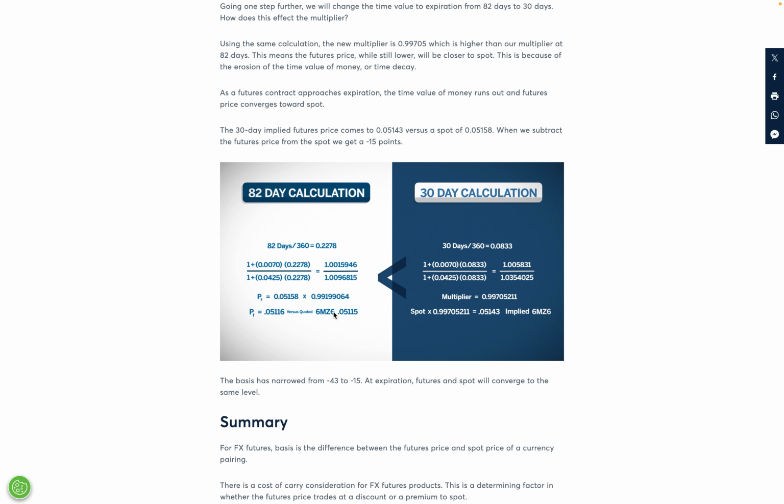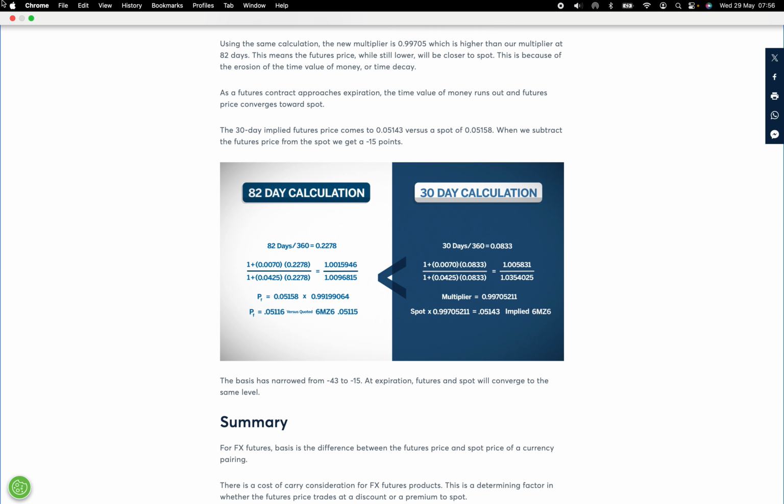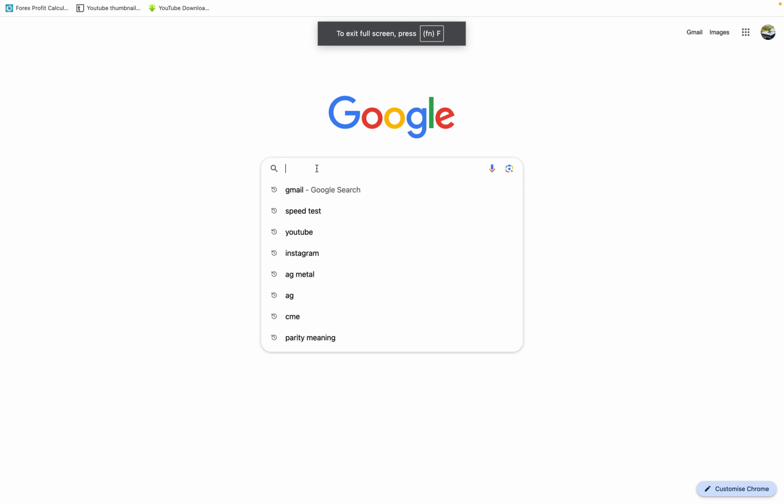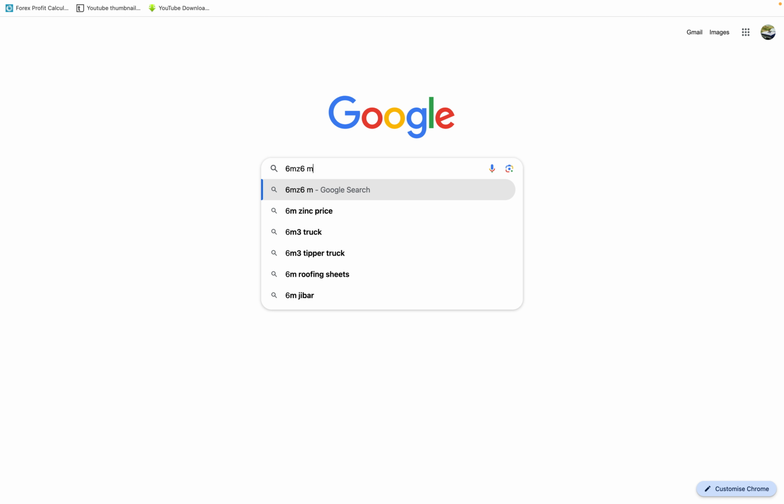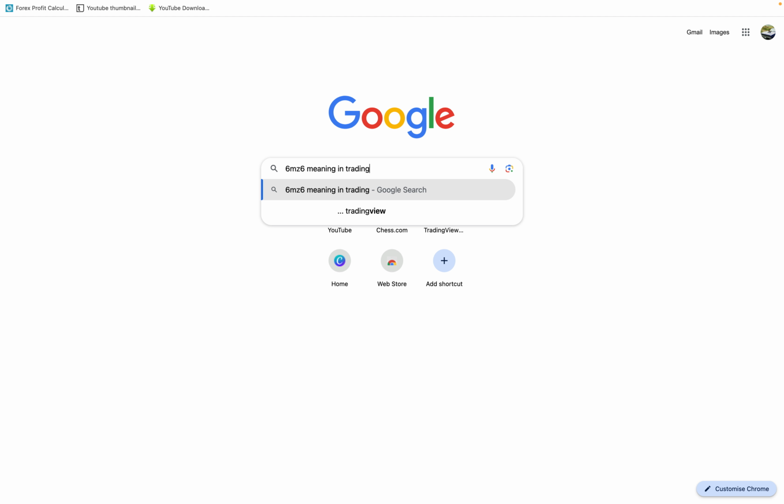So 6MZ6, just make a new tab. 6MZ6 meaning trading. It should be Mexican pesos, Z December 2016.